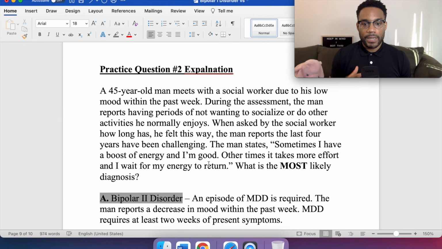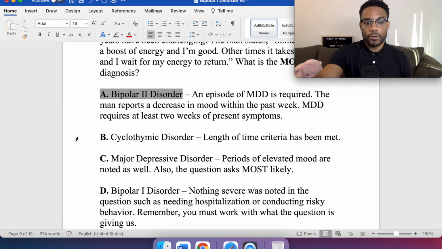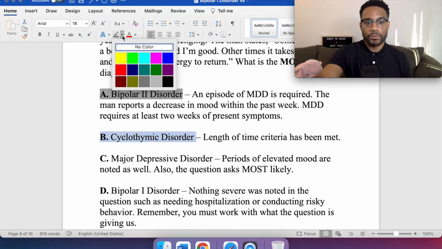And the man states, "Sometimes I have a boost of energy and I'm good. Other times it takes more effort and I wait for my energy to return." So it's not severe enough to count as a manic, hypomanic state, or a depressive state, where again, there's the 2-week criteria for MDD. So cyclothymic disorder would be the correct answer in this case because of those reasons.